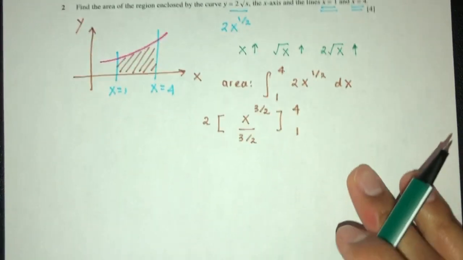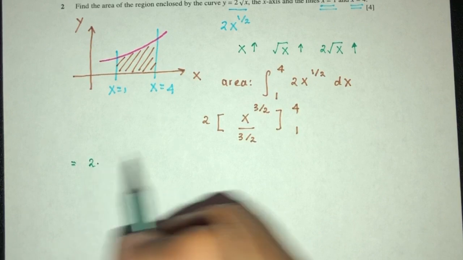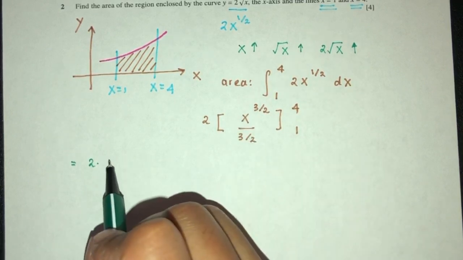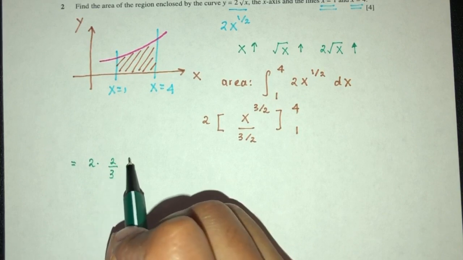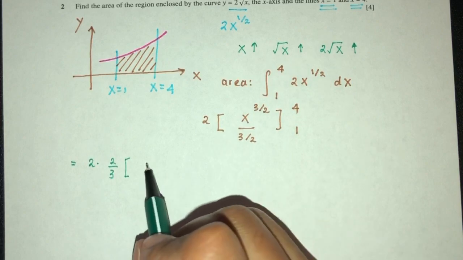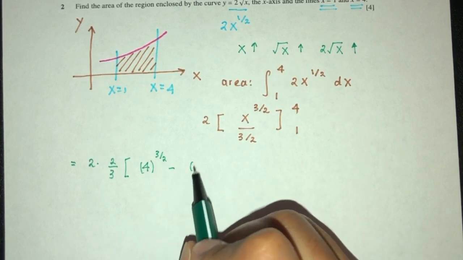So simplify, what will that be? 2 is outside. If we simplify, we send this up and it becomes 2 over 3, but let's take this outside. You will have x to the power 3 over 2 inside, 4 first and then minus 1.